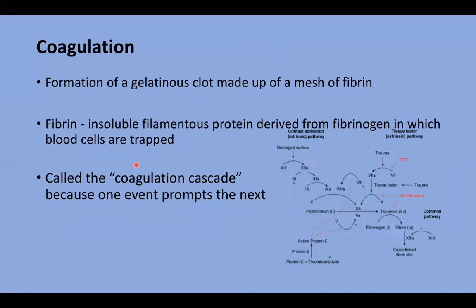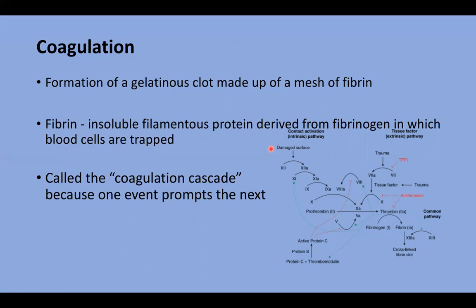And here we are. So our last step of hemostasis is coagulation. Coagulation is defined as the formation of a gelatinous clot made up of a mesh of fibrin. Now, we talked about a plasma protein when we talked about the plasma called fibrinogen, and fibrinogen is going to be the precursor of fibrin.